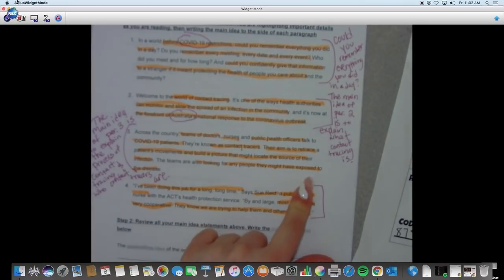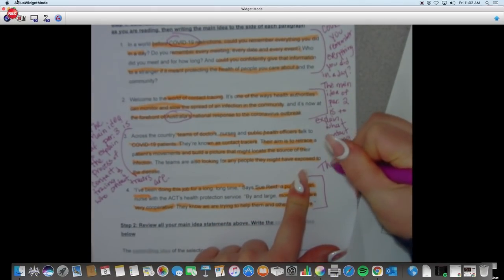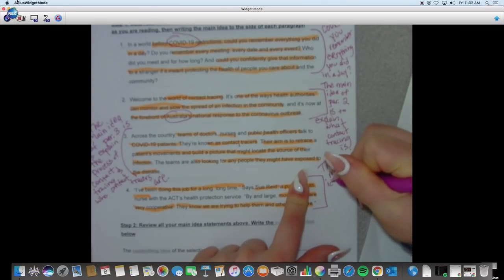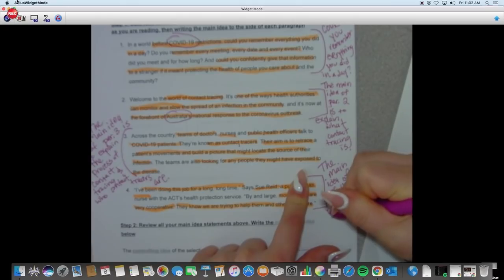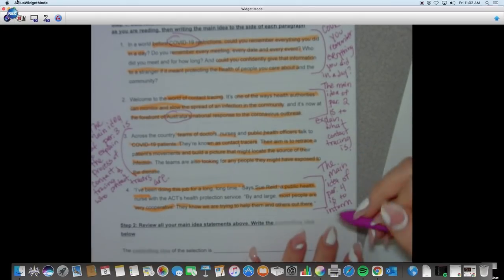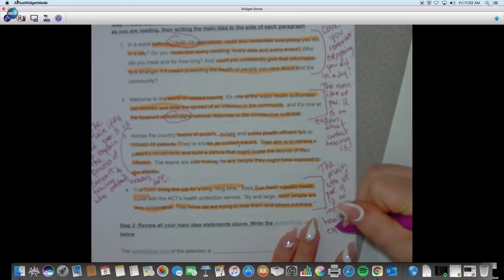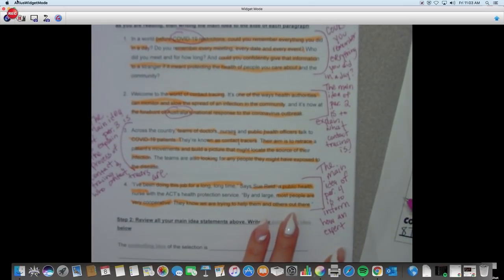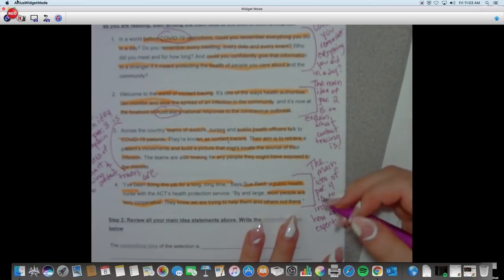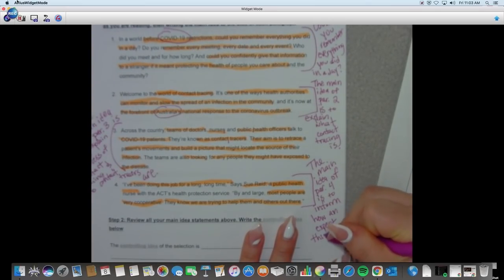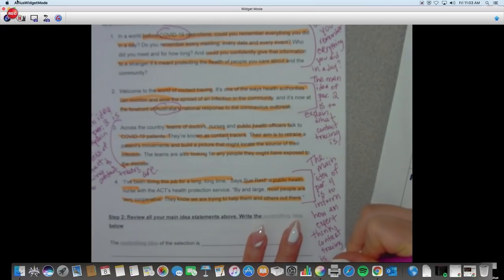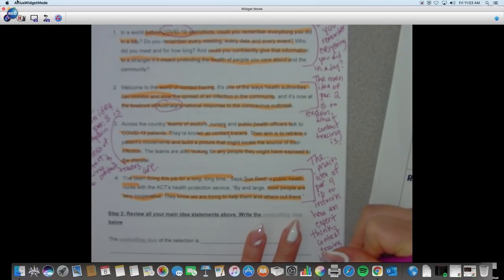So this paragraph, I'm going to write out over here that the main idea of paragraph 4 is to inform how an expert, because Sue Reed is an expert, thinks contact tracing is beneficial.